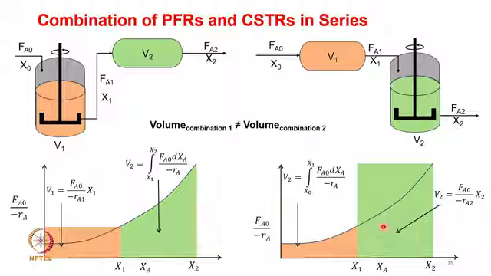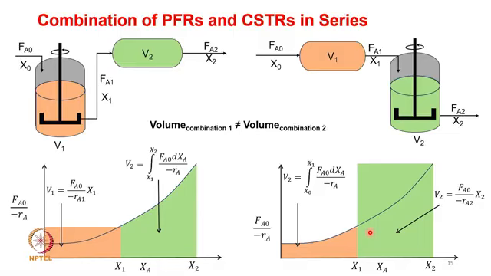In one case it is going to be higher, and in the other case lower, and it would depend critically on the values of x1 and x2. The individual conversions would dictate the total volume that would be used to design.